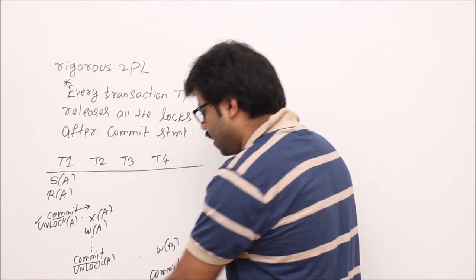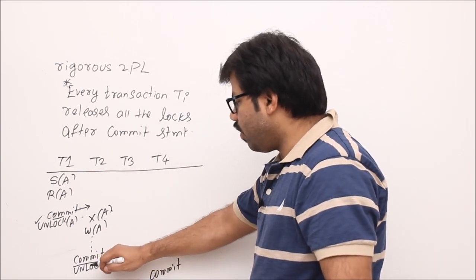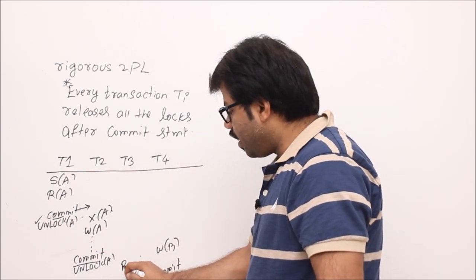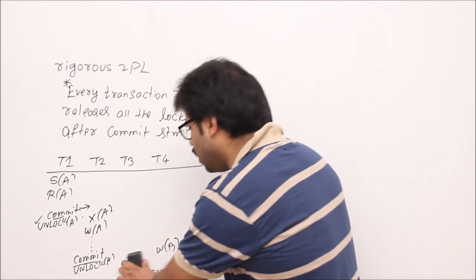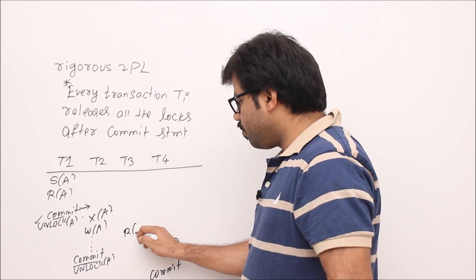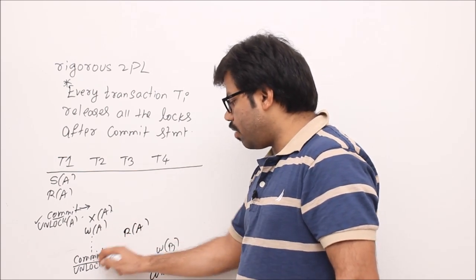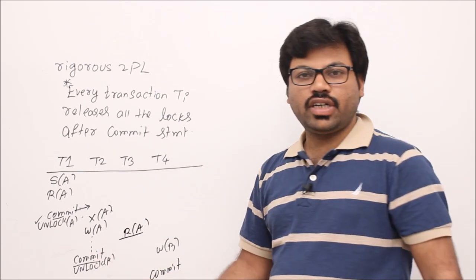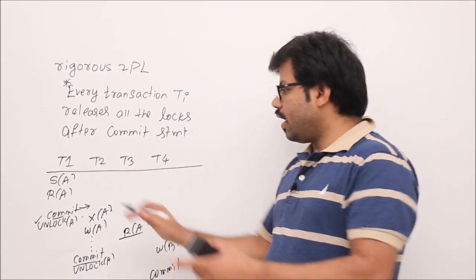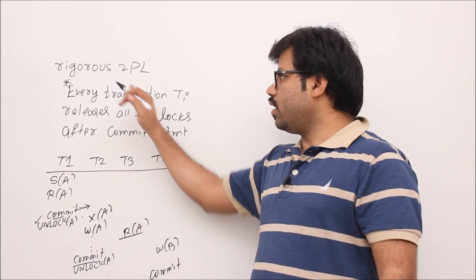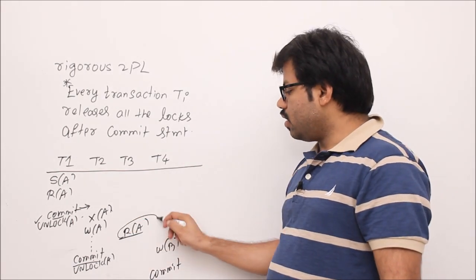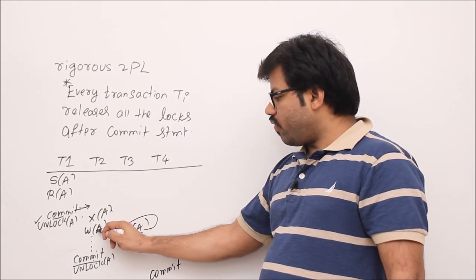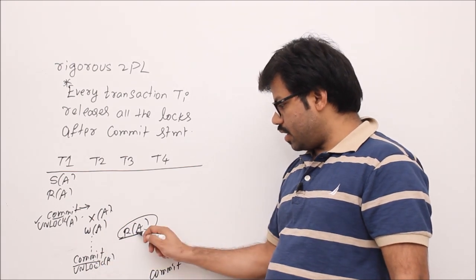So I can say that only after commit of this T2 your read operation can take place. Then your question is, if this read is in between write of A and commit, will it be executed? No. So I can say that as it is, this schedule is not allowed under rigorous 2PL. The reason is you have a read operation between write of A and commit of one transaction.